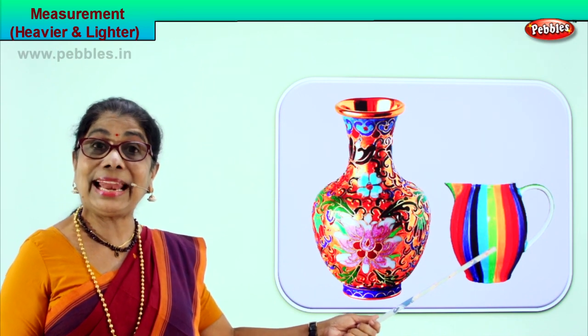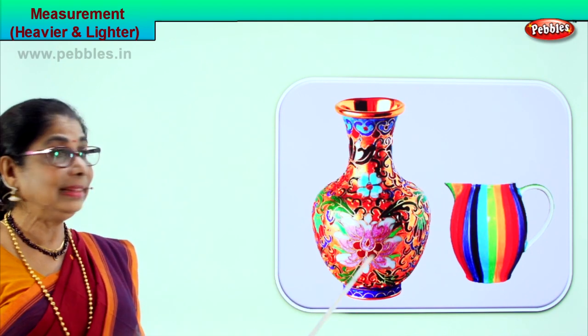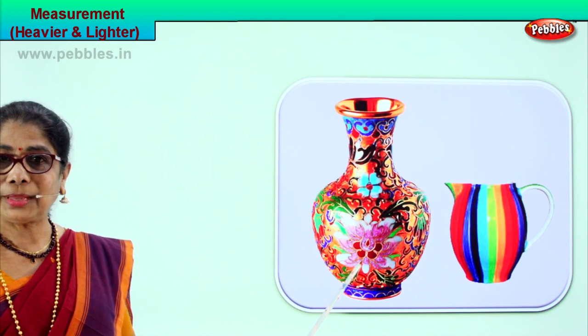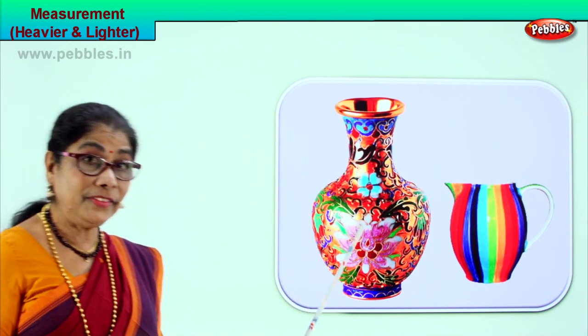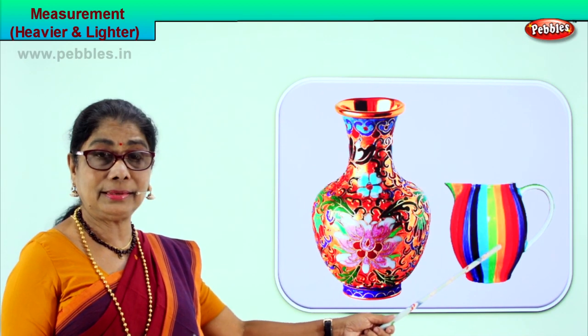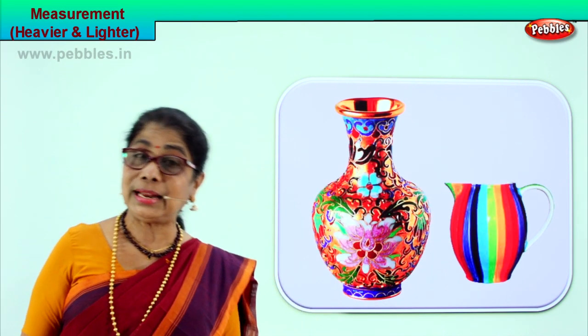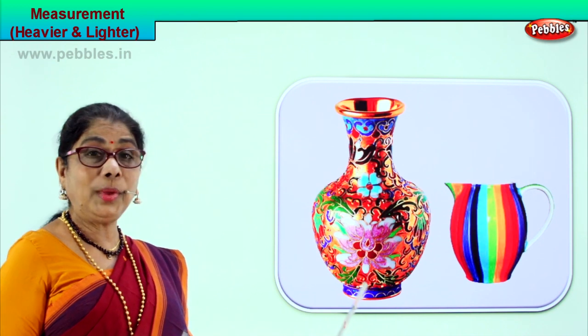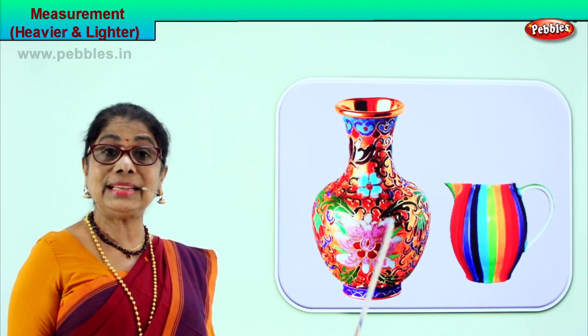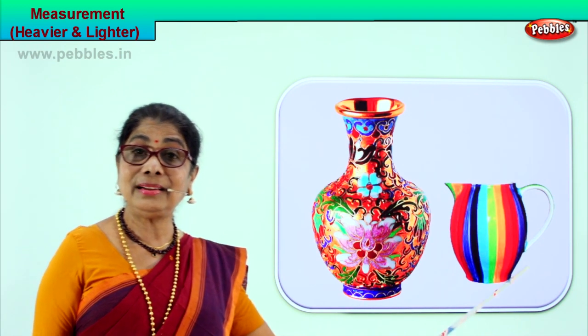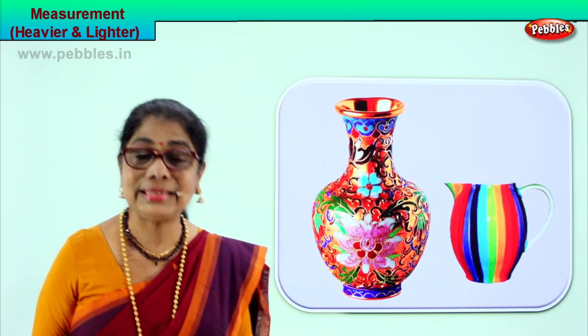The water jug is lighter than this pot, this beautiful vase. Heavier, lighter. Lighter, heavier. Have you understood what is lighter, heavier? On a weighing machine, if you put both of these, certainly this is heavier and this is lighter.